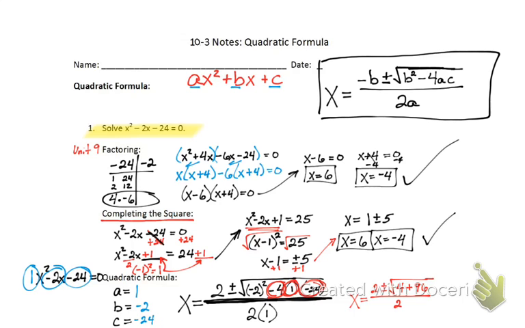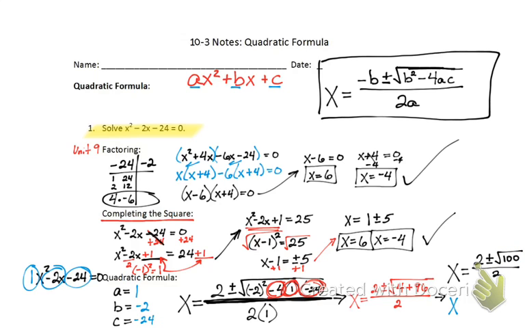Now, next step, just moving over another one. I have x equals 2 plus or minus the square root of, well, what is 4 plus 96? That's 100, all divided by 2. Next step, what is the square root of 100? Well, that's 10, right?